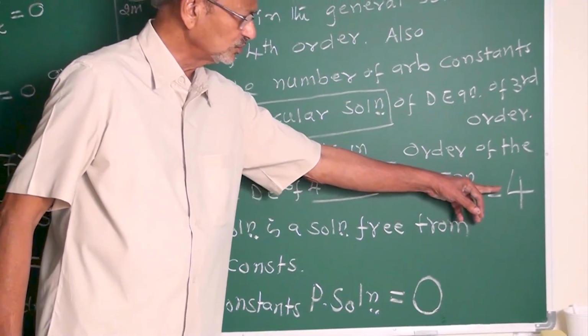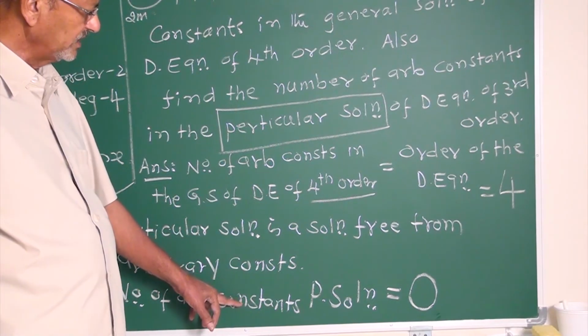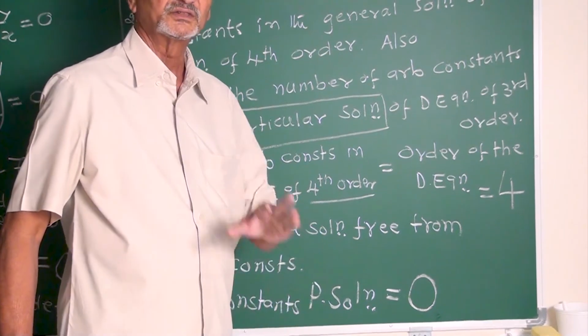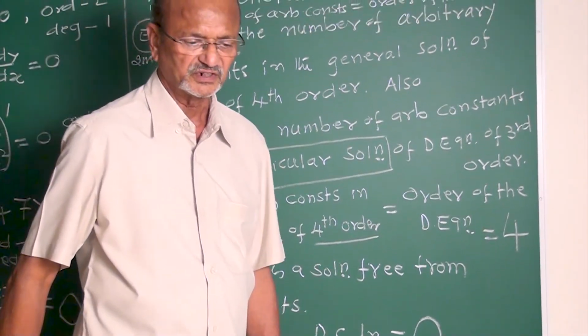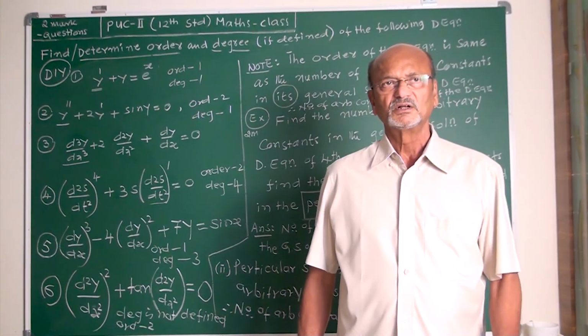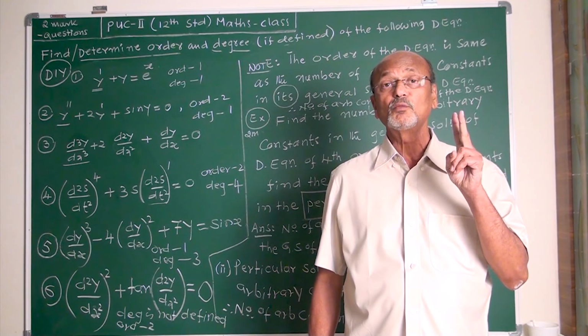In the general solution it equals the order of the differential equation; in the particular solution, no arbitrary constants, so the number is 0. My friends, these I have considered as some examples on differential equations under 2 mark questions.